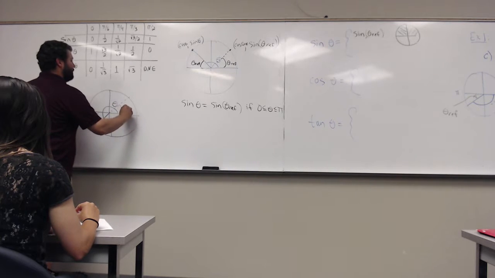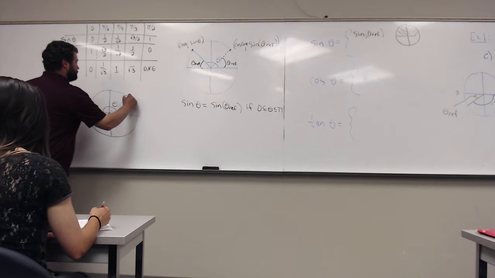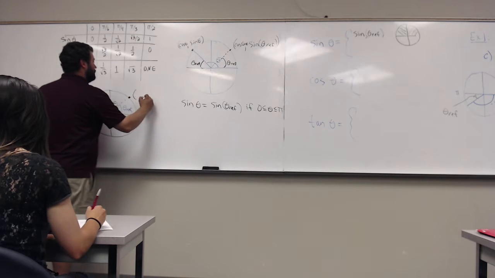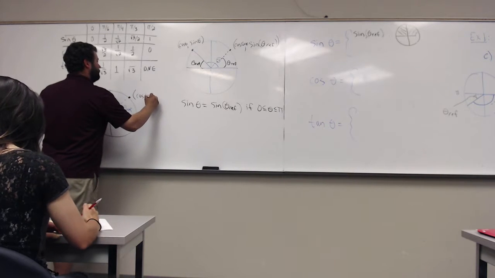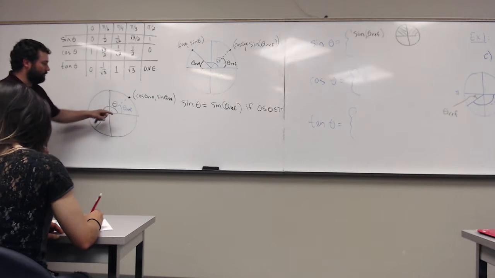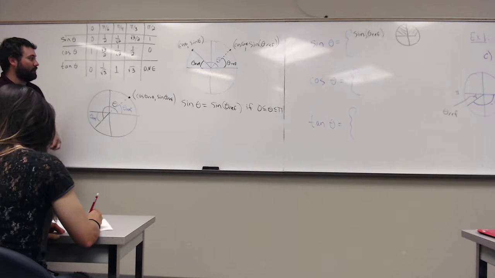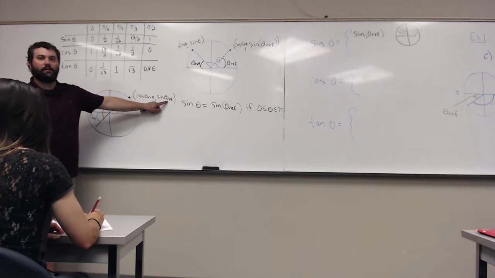So here's another copy of the reference angle just redrawn in the first quadrant. So up here, on the unit circle, if you do a rotation by the reference angle, the y-coordinate is sine of the reference angle.